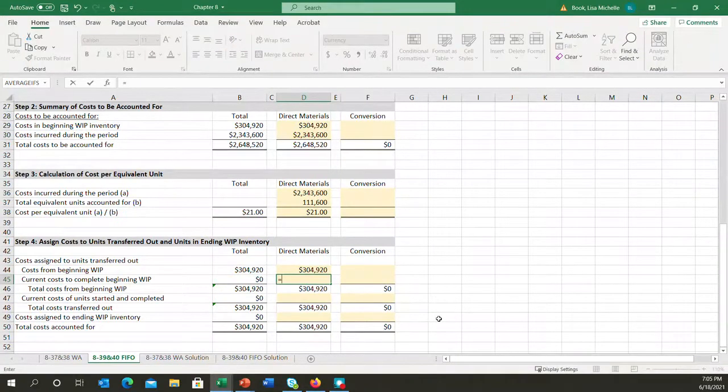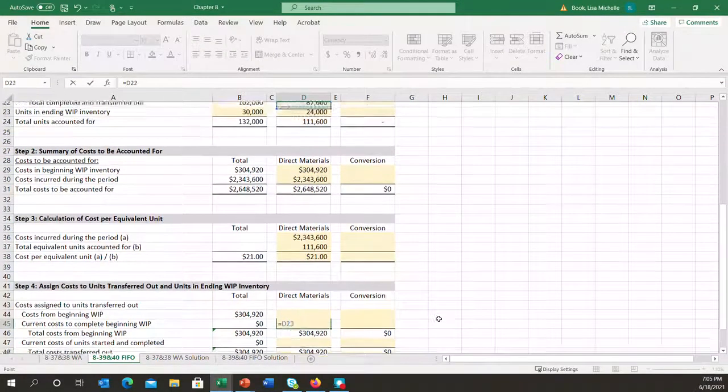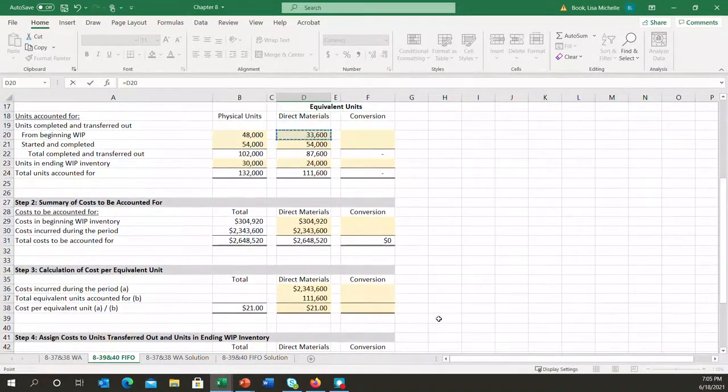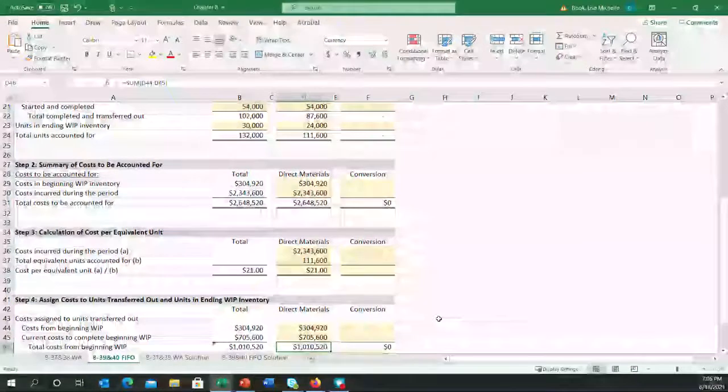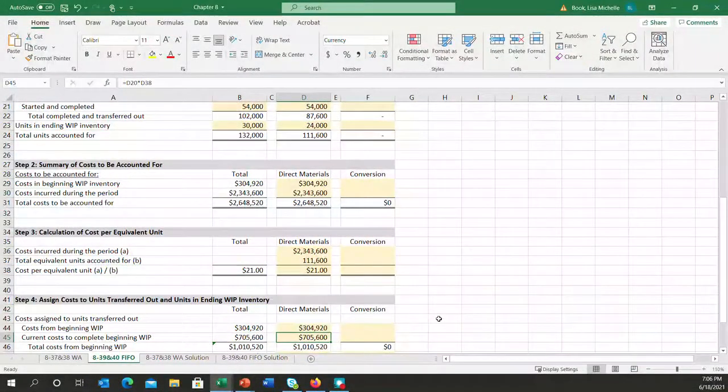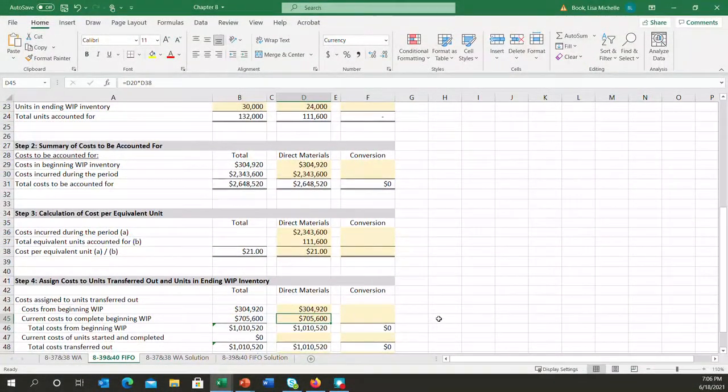Then I want to look at taking the equivalent units in beginning inventory. Go back up here. Equivalent units in beginning inventory. Remember, that was the equivalent of what we needed to finish times my cost per equivalent unit of $21 here. And that gives me current cost to complete beginning inventory of $705,600.